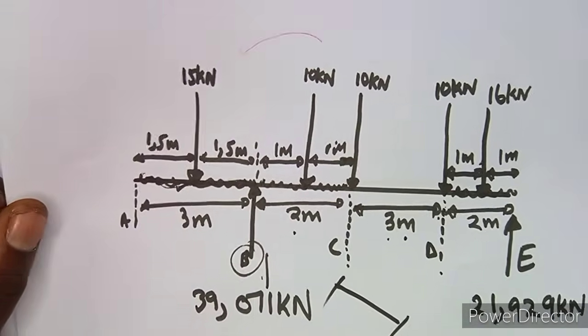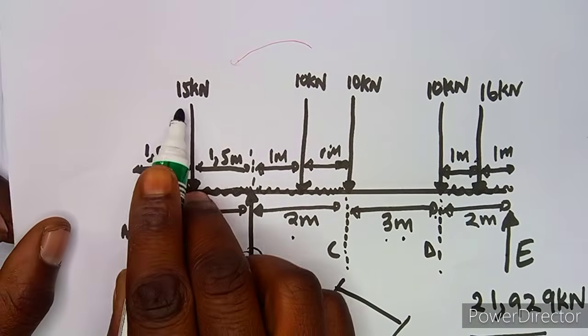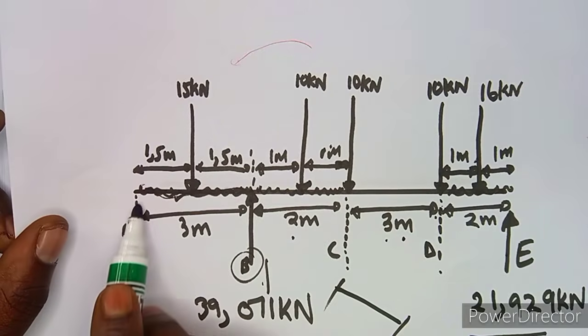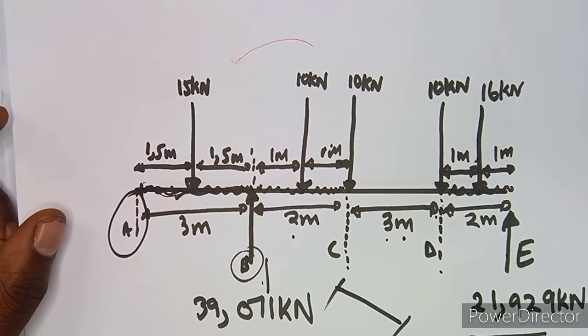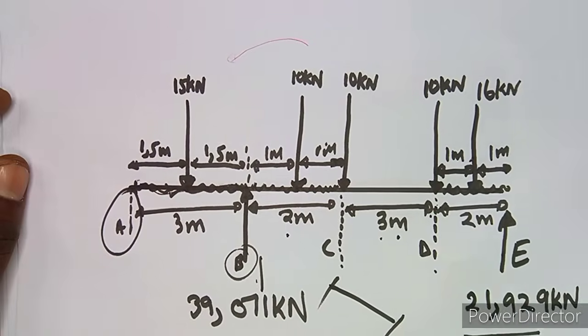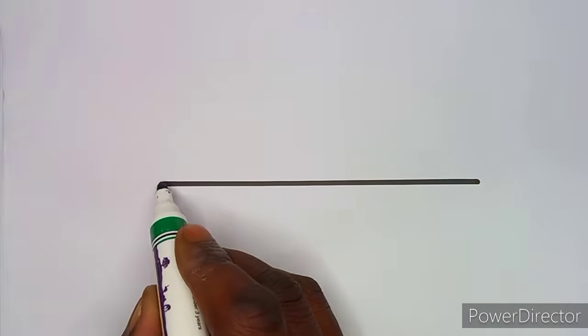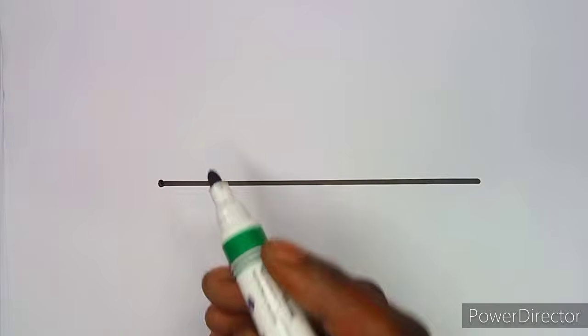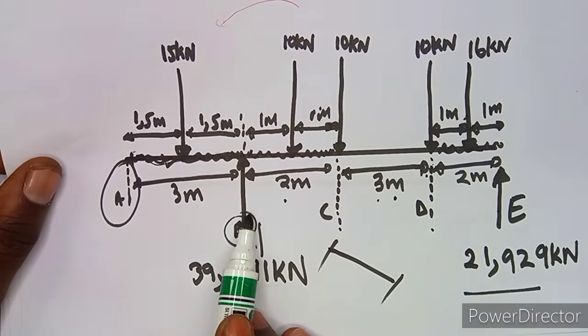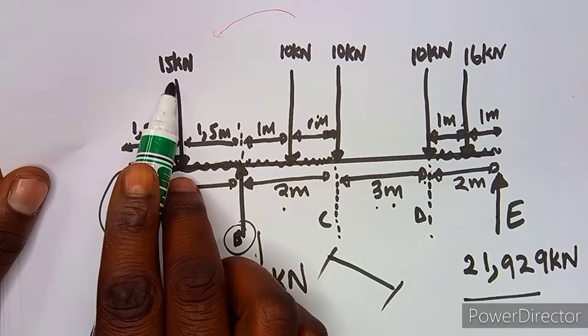So we have got 15 kilonewtons. At A there's nothing there, so the point A is actually at 0, because there's no force there. But from A to B, there's a distributed load of 15.